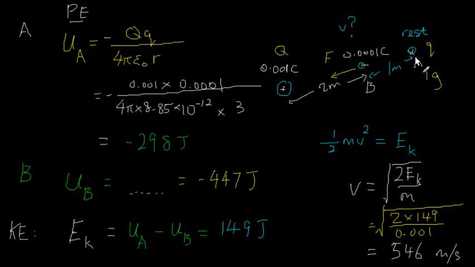The potential energy does not refer to the work done by the electric force of attraction or repulsion itself. So potential energy is, for example, the work done by you or me to bring this charge from infinity to here. And if the force is attractive, then you don't actually have to do the work.